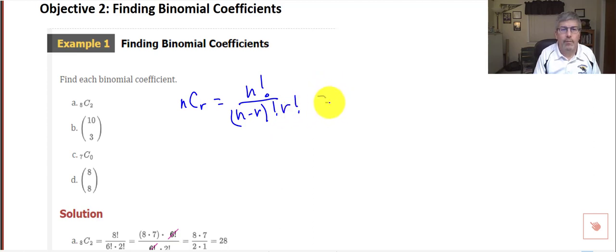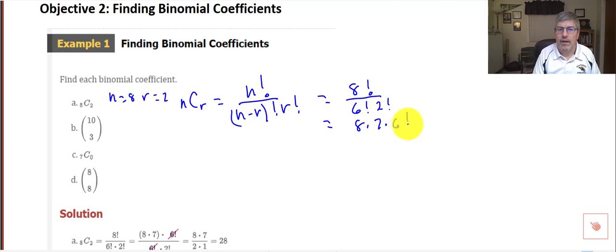So for our first sample problem here, our n is 8 and our r is 2. So we have 8 factorial, all divided by 8 minus 2, or 6 factorial times 2 factorial. 8 factorial is just 8 times 7 times 6 factorial, all over, and I'm going to use the commutative property here and flip those two.